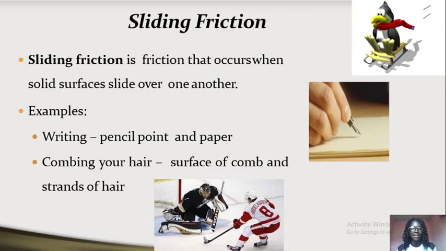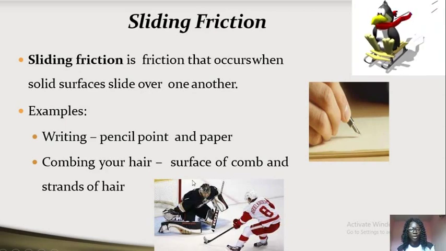Okay, and I have here also, you're writing with your pen. Your pen and the book, that is also sliding friction. So these are a few examples of sliding friction. This is a hockey game, and they are playing, of course in a hockey game you always slide.